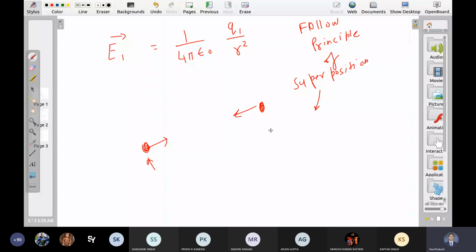Their conversation cannot be affected by the presence of this third particle. Whatever is the effect of A on B, that effect cannot be perturbed by the presence of C.